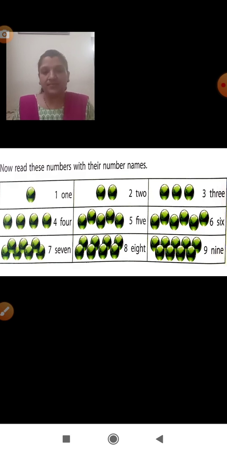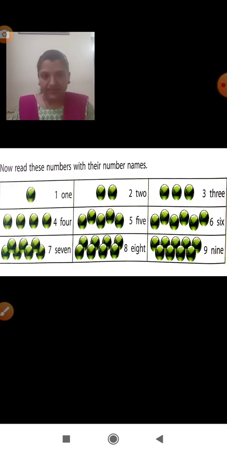SEVEN, 7. Next, 1, 2, 3, 4, 5, 6, 7, 8. 8 balls. So EIGHT, 8. Then 1, 2, 3, 4, 5, 6, 7, 8, 9. 9 balls.